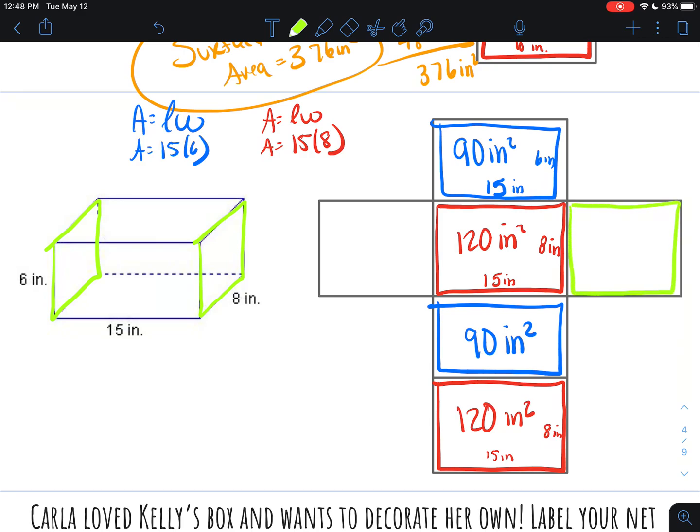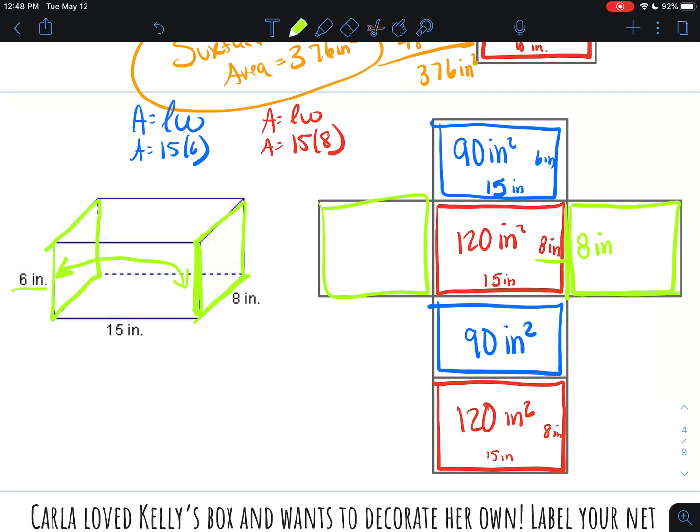Okay, so we know that if I look at this right here, this side length I already know is 8. So this is 8 inches. I just need to figure out this side length right here. You need to use your rectangle rules.